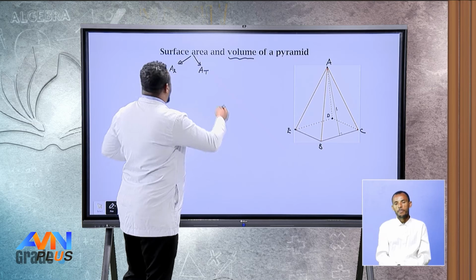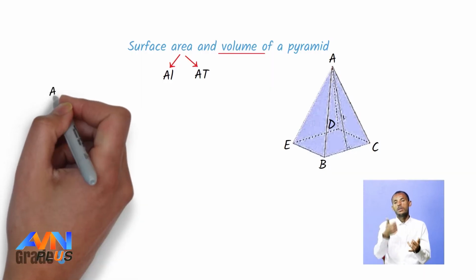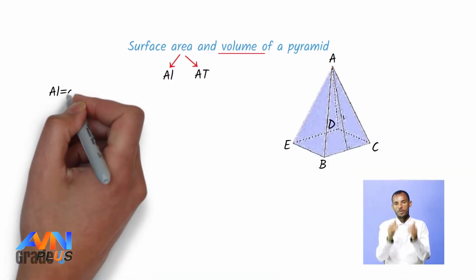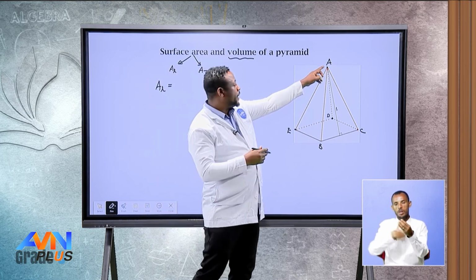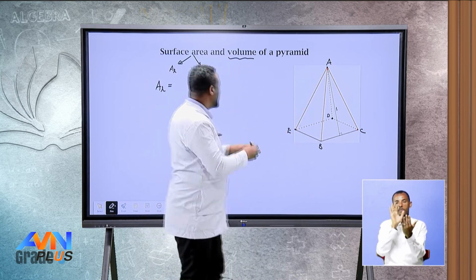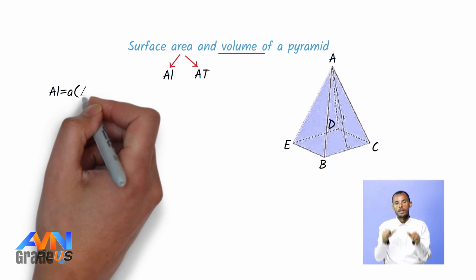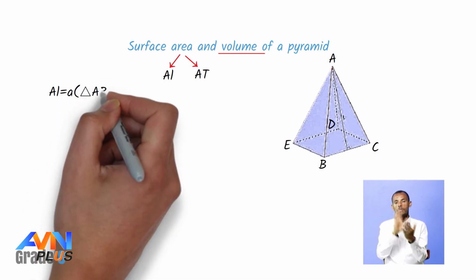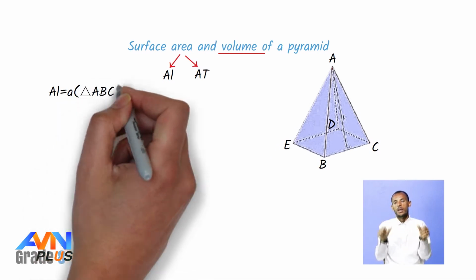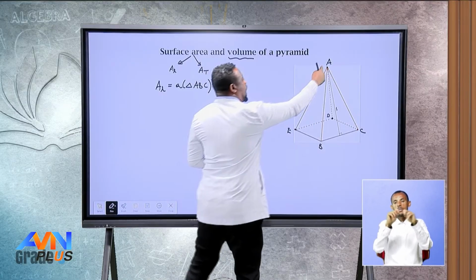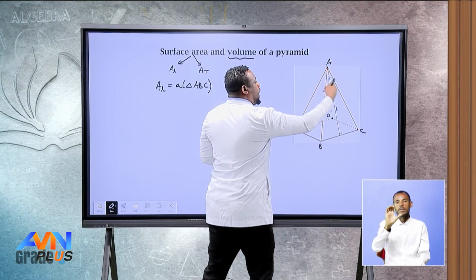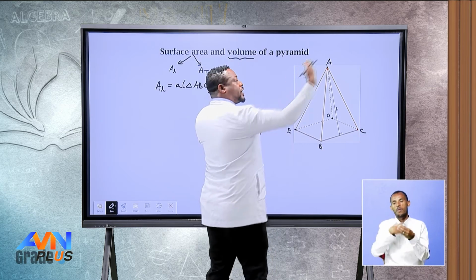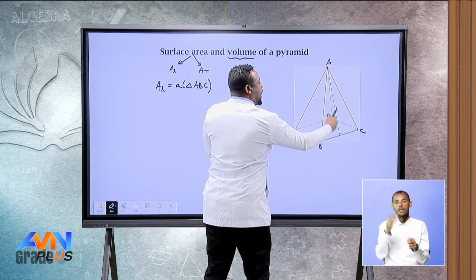Now the lateral surface area is the sum of the area of the front part, the area of triangle ABC. Then you have another triangle on the side part, ADC.